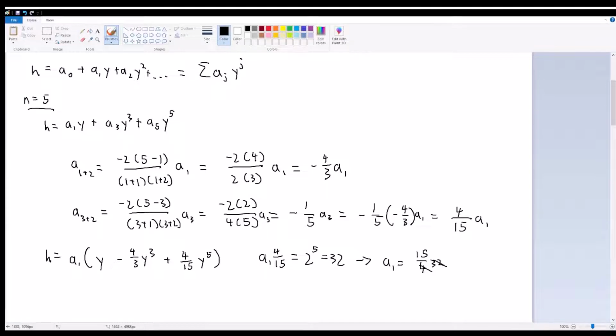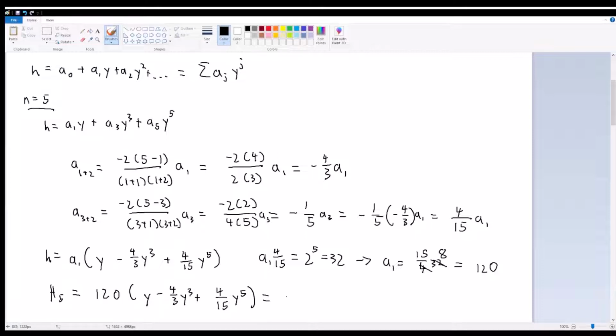The 4 and the 32 make an 8 at the top. 8 times 5 is 40, 120. So h5, the 5th Hermite polynomial, is going to equal 120 times y minus 4/3 y cubed plus 4 over 15 y to the 5th.